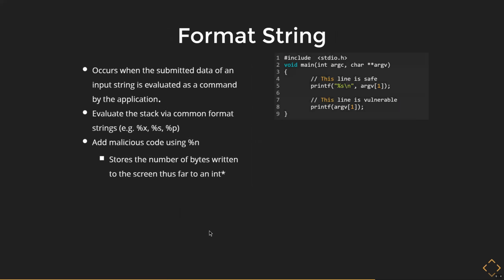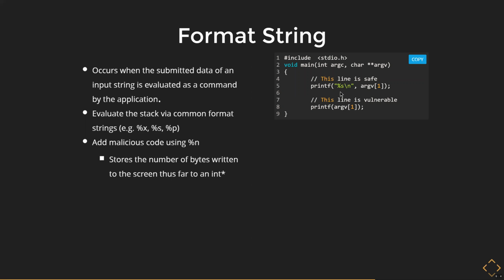Another vulnerability is format strings. In 216 you probably have learned that you have to have, in this case the first one, printf("%s", argv1): take whatever input you want and print it as a string. What happens in the case that we do the second one, printf the argument?